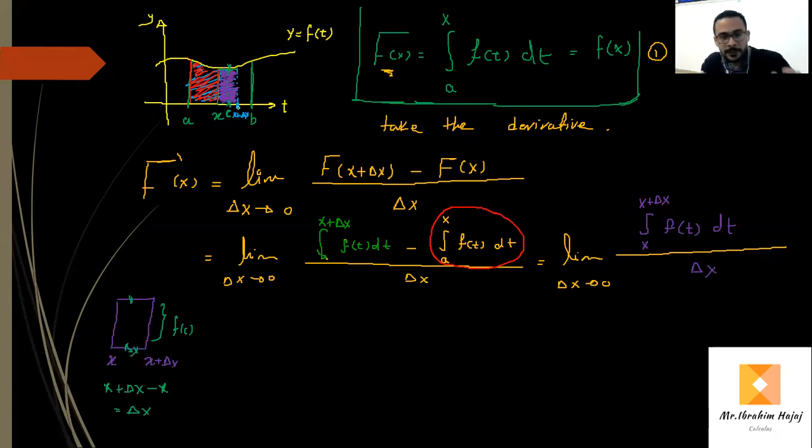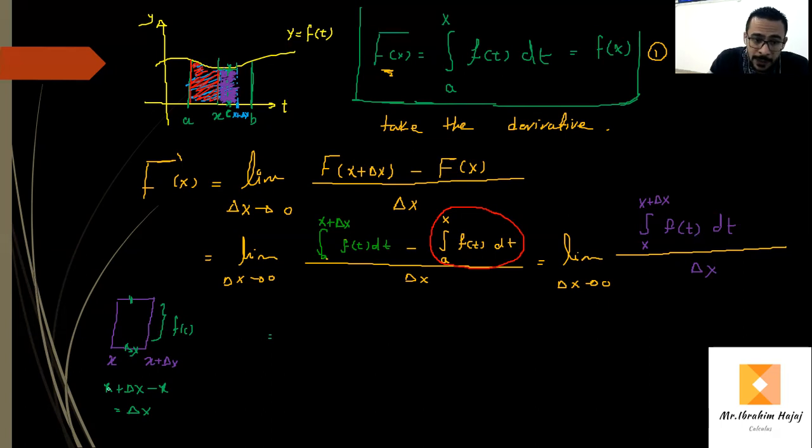Because if you take f of x only, this red line as a height, the rectangle will be above. If you take x plus delta x, it will be below, or vice versa. So if we take the midpoint rule, which is a number between x and x plus delta x, it will give us something between the two answers, which may be the exact answer, as we learned before in Riemann sums.